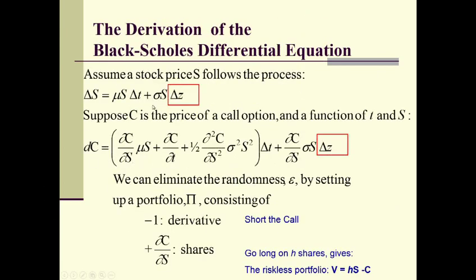Now both of them have the random term here called dz or delta z. So we're going to eliminate this. Once we eliminate this, then it becomes riskless, right? So how do we do that? Well, we know that for every call you short, you would long H number of shares, right? So that's called delta H.